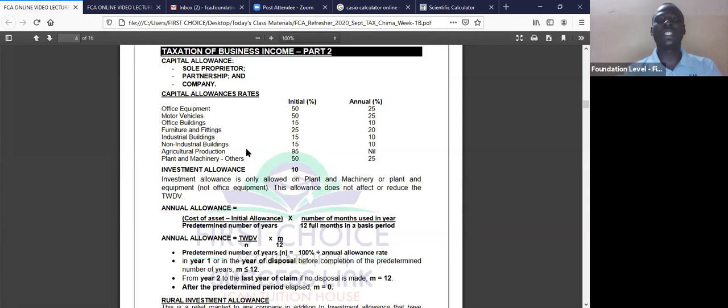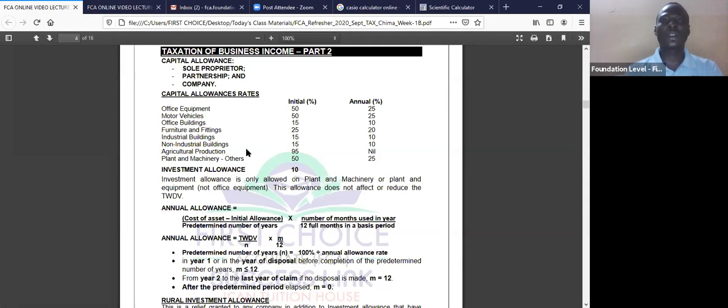So let's imagine that you have a motor vehicle, you have a truck, and you bought it for, let's say, 10 million. For the year you use it, let's say you have a January 1 to December 31st accounting year, and you put it into use on August 1st.